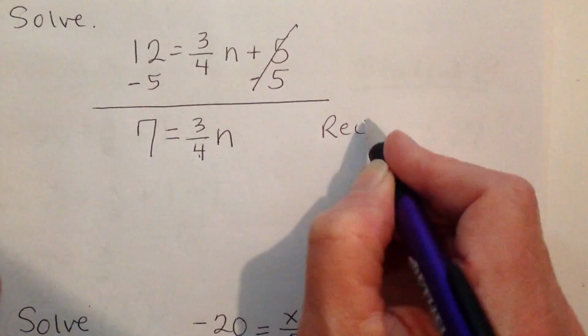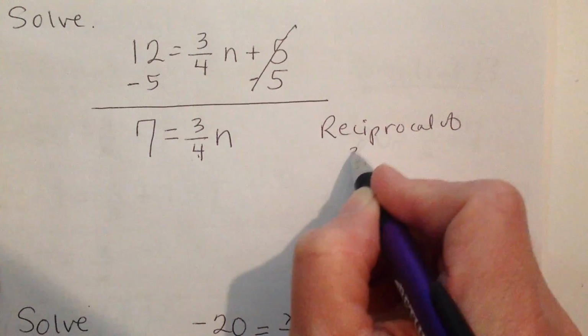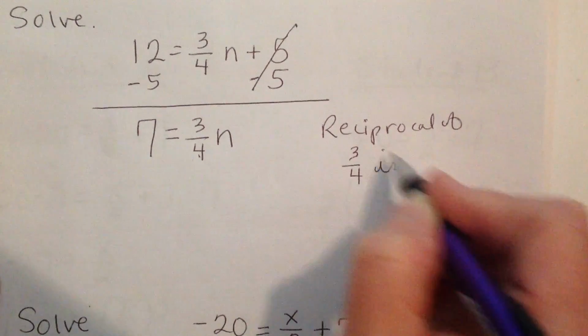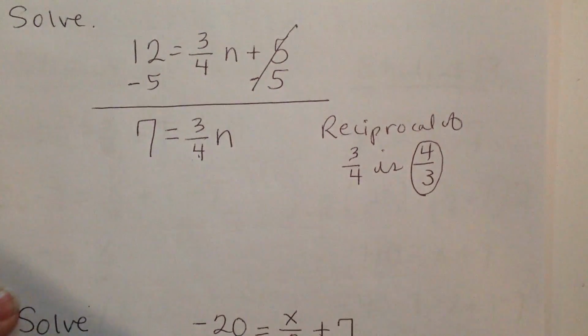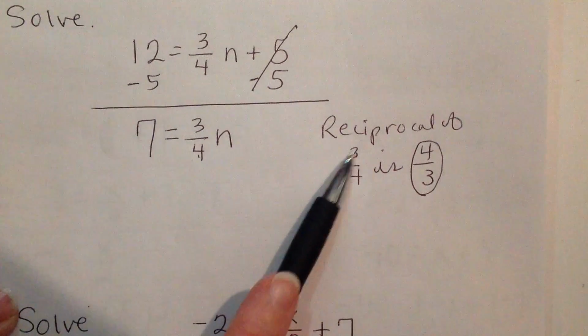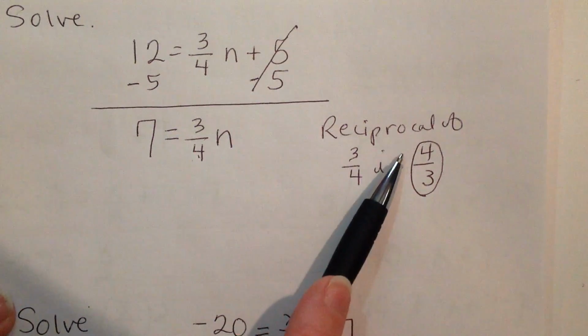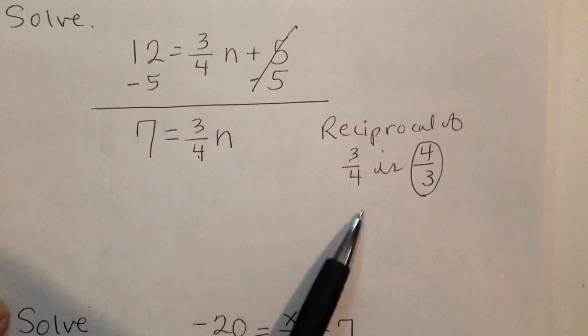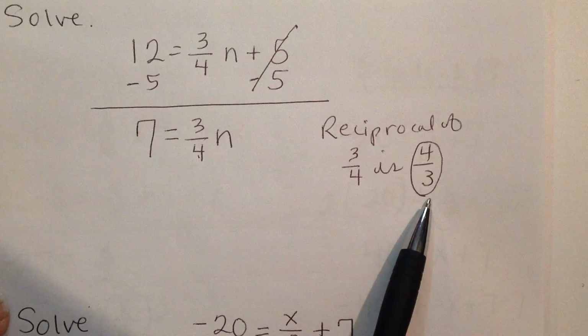The reciprocal of 3/4 is 4/3. To determine the reciprocal, you simply flip the fraction. The numerator becomes the denominator, and the denominator becomes the numerator. So the reciprocal of 3/4 is 4/3.